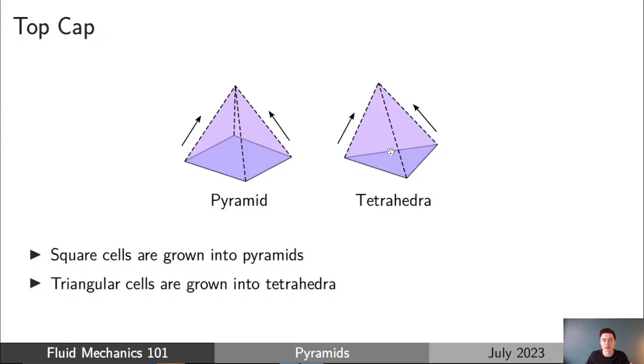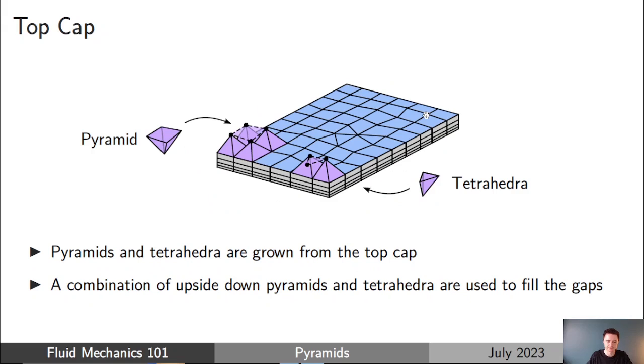The difference between a pyramid cell and a tetrahedral cell is the number of faces and the shape of the faces. But for our understanding, the primary difference is that a square cell becomes a pyramid and a triangular cell becomes a tetrahedron. The same process is being followed: those faces are being grown upwards into 3D cells.